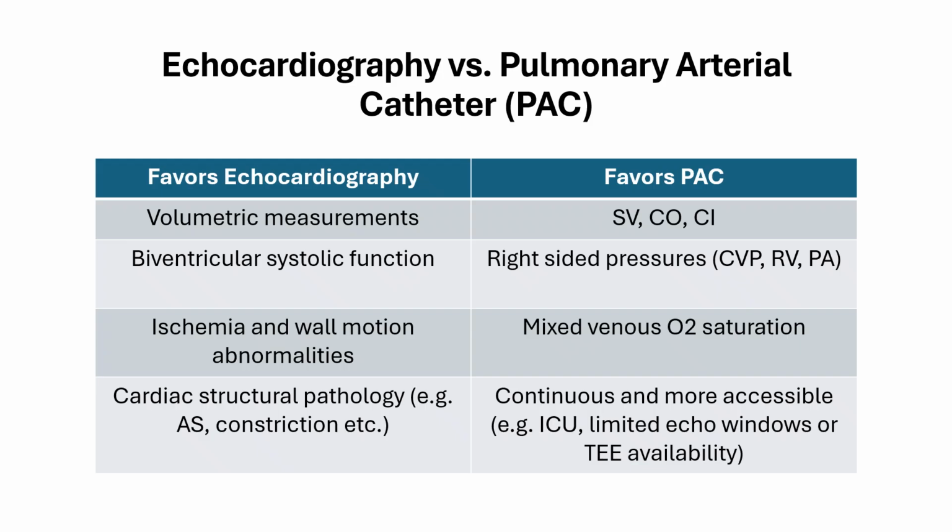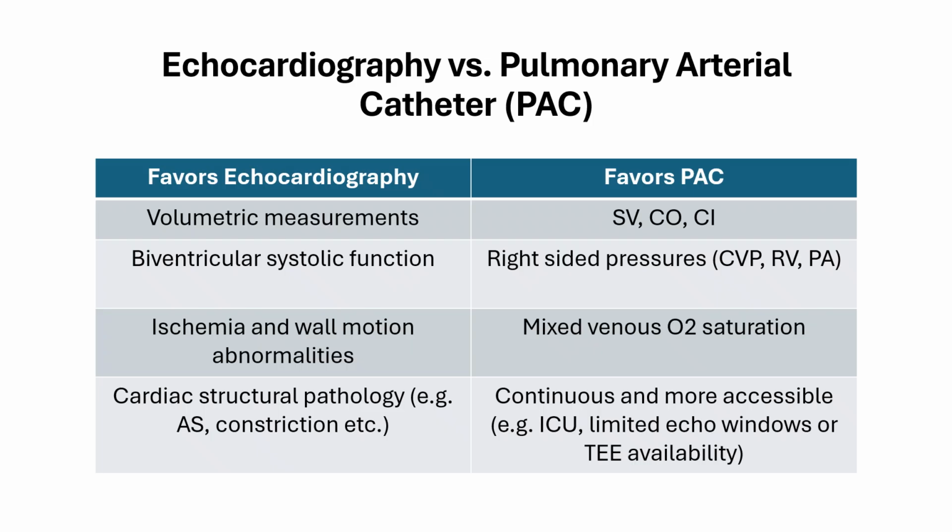Pulmonary arterial catheter is superior for direct measurements of right-sided pressures because this is what it does, such as stroke volume, cardiac output, and cardiac index. It is also superior for right-sided pressure measurements because it's a direct measurement again, such as central venous pressure, right ventricular and pulmonary arterial pressures.